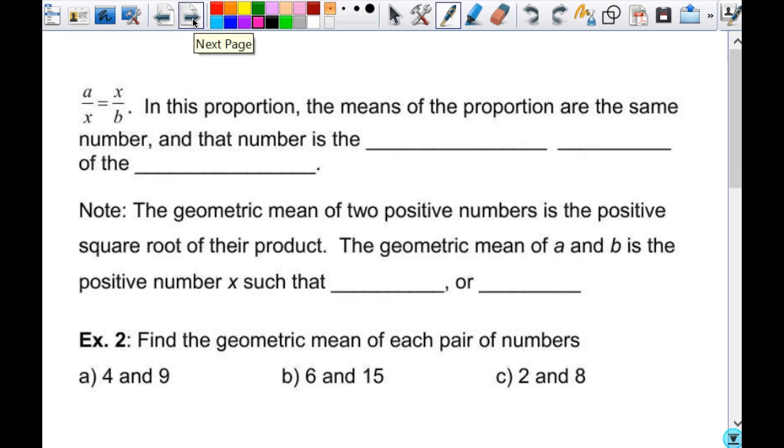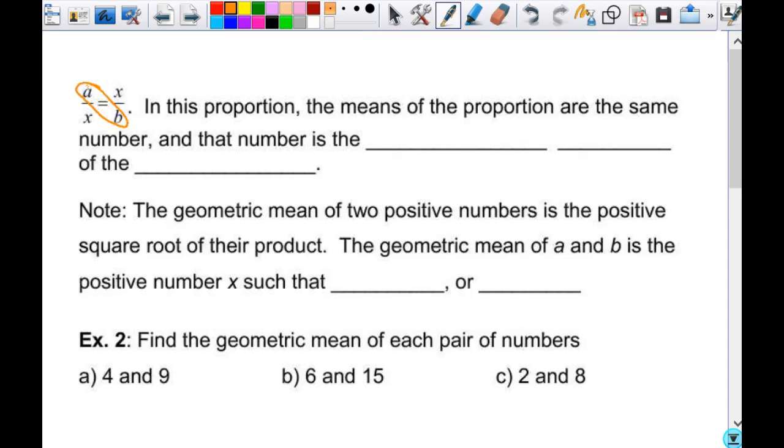Okay? So now we have this proportion, right? Proportions are not new to you. The pieces of the proportions should not be new to you, but I have a feeling they probably are. So when you have this, you know that a proportion is two ratios set equal to each other. But the positions of the letters or numbers or values, whatever they are, actually have a name and they mean things.